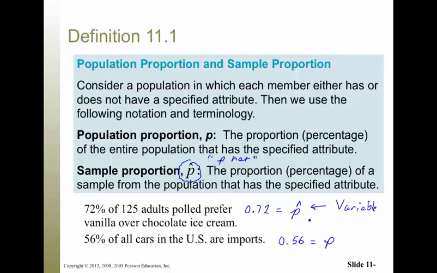Okay, so if this is a variable, then just like we've seen before, we can look at the distribution of P hat, a sampling distribution, right? A variable has a sampling distribution.